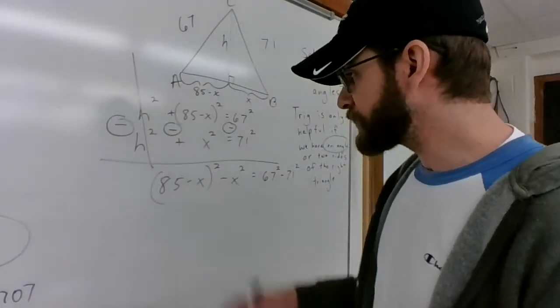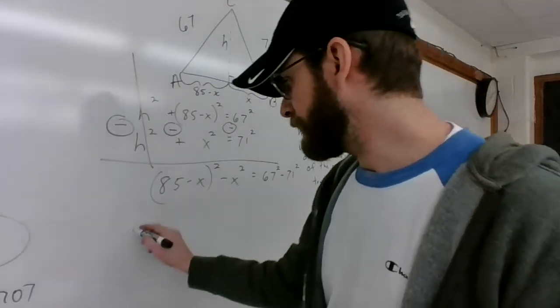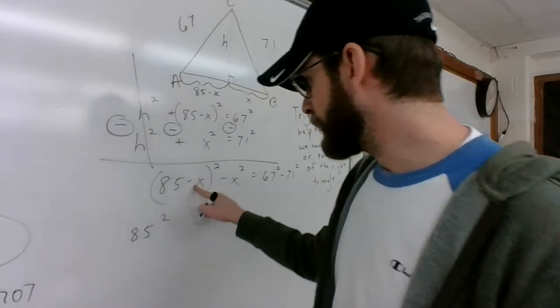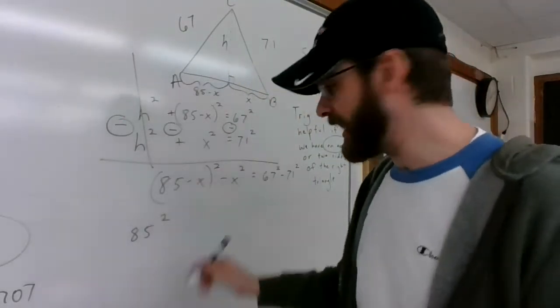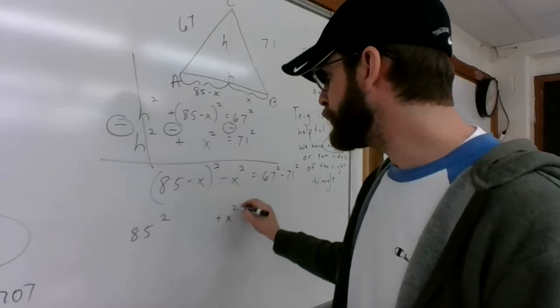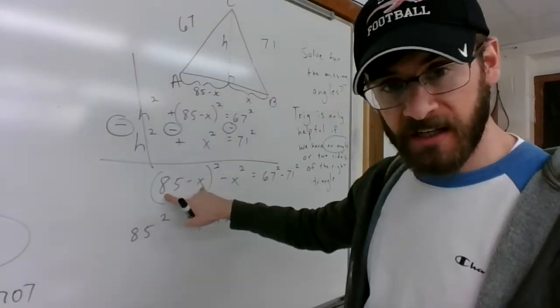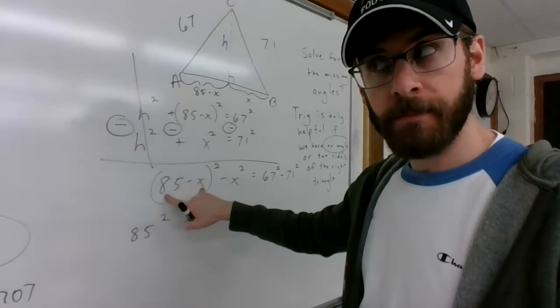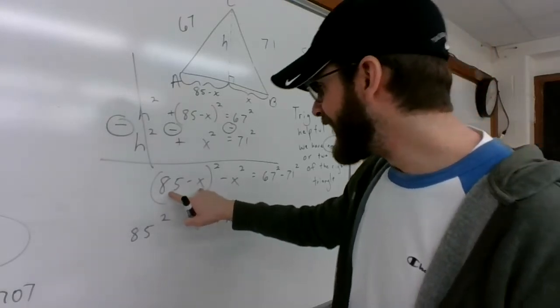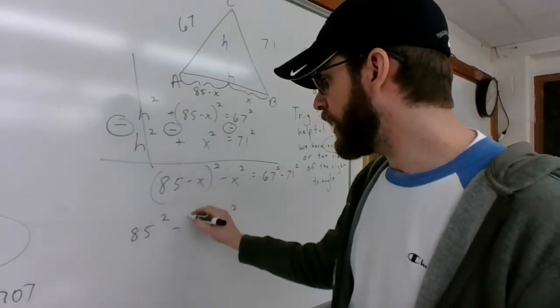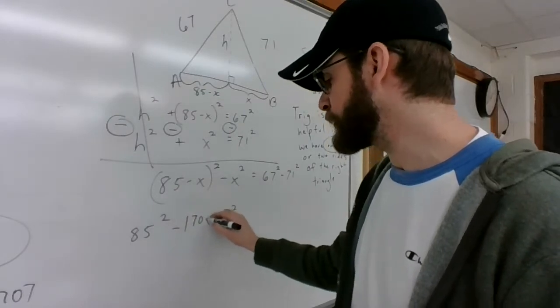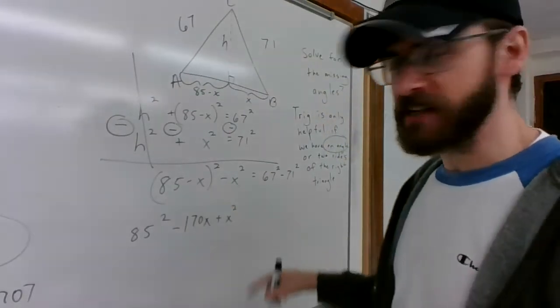So if you were to square this, remember there's a shortcut. You square the first, square the last, which the negative gets canceled out and becomes a positive, and then you double the product, not squared. You just double the product. So negative 170x. That's what this polynomial expands out to.